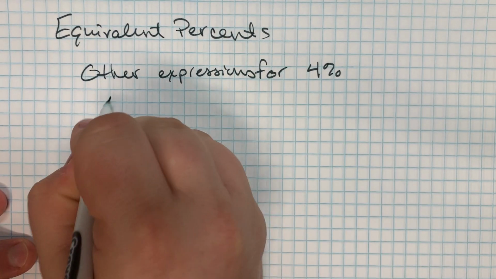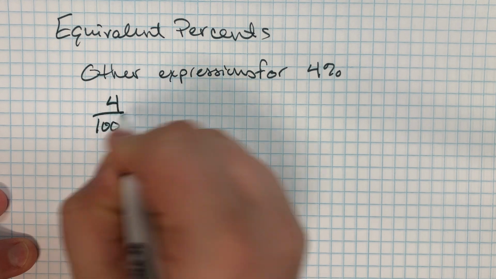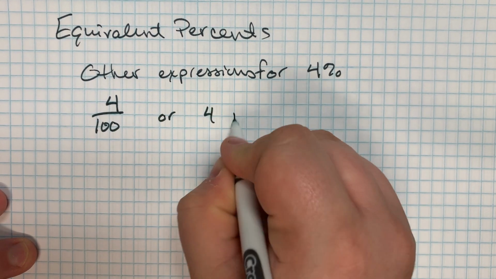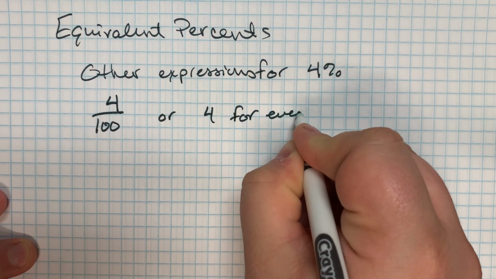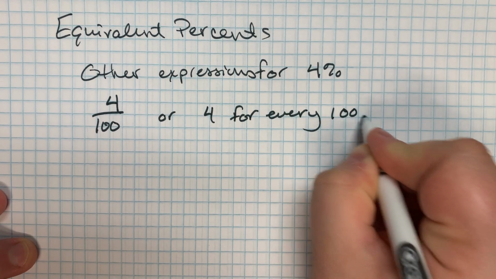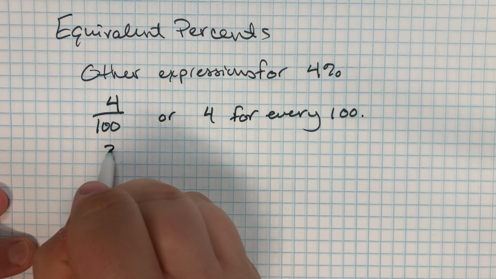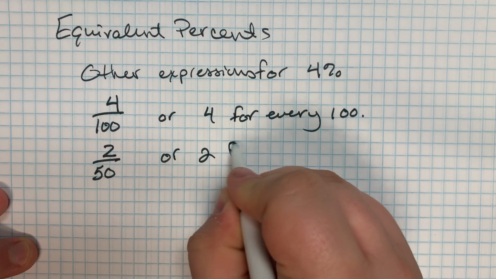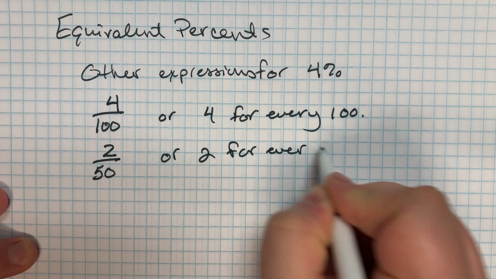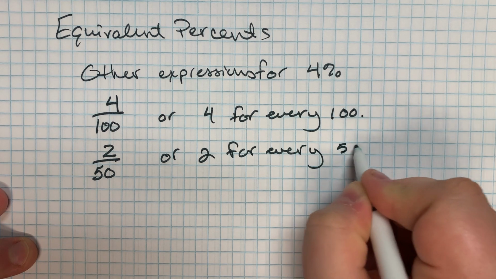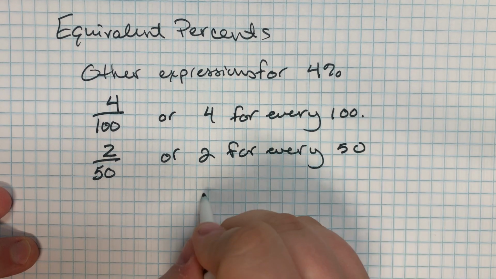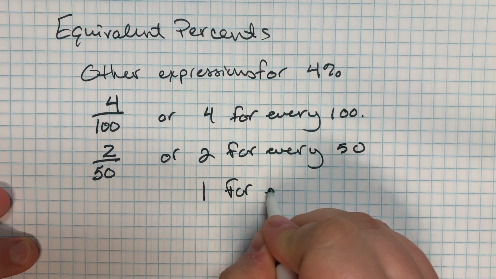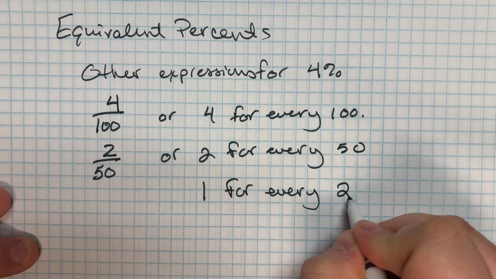Well, 4% means 4 100ths, or 4 for every 100. Well, we can reduce that as 2 over 50, or 2 for every 50. Or we could say 1 for every 25.